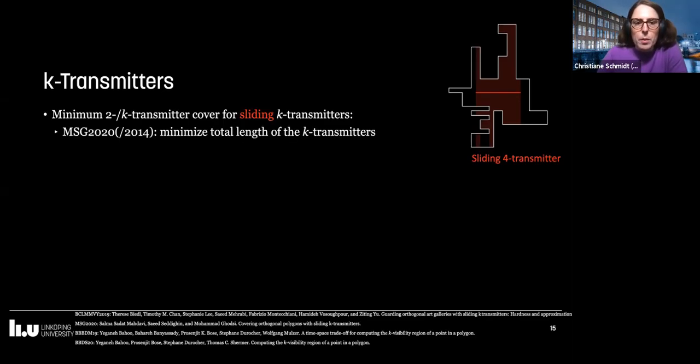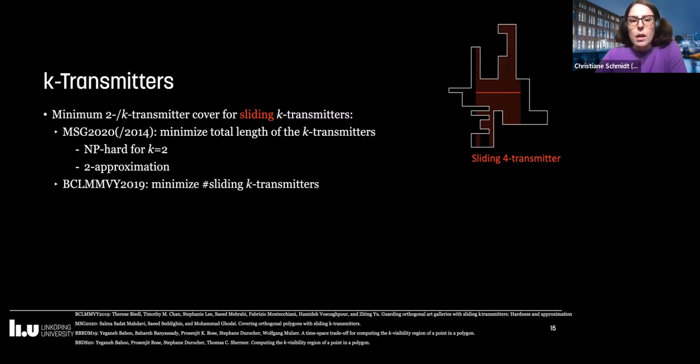And so there, people have either looked at minimizing the total length of the k-transmitters that you place in the polygon to see everything. Again, that's NP-hard, and people have presented a 2-approximation. Bahu et al., Biedel et al., looked at minimizing the number of sliding k-transmitters.